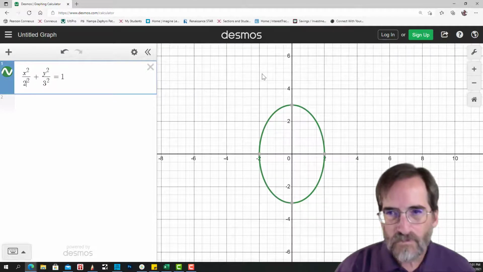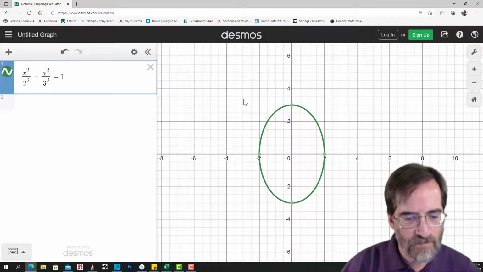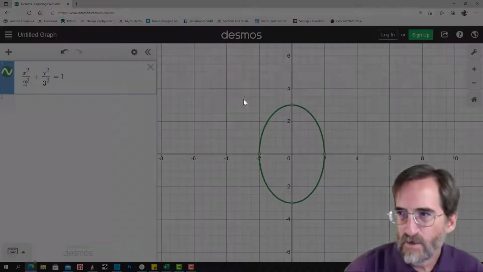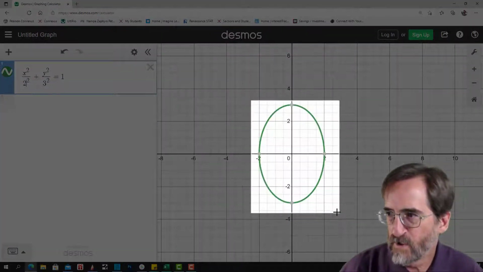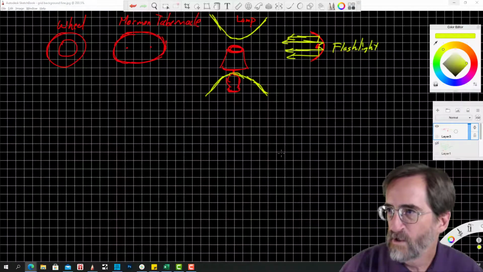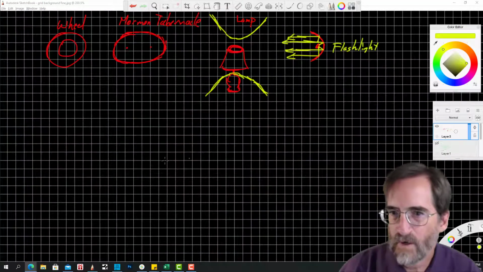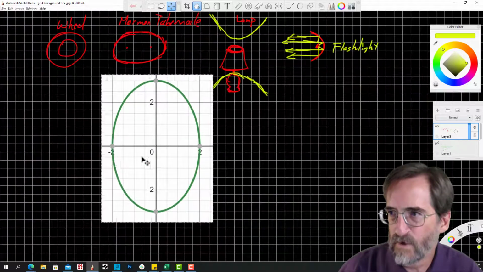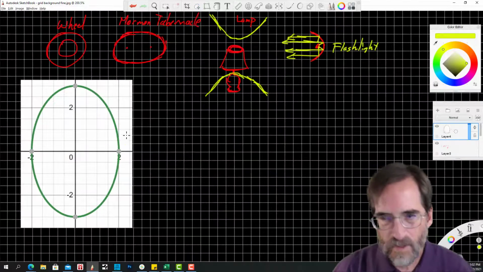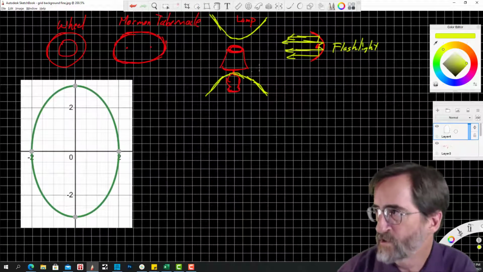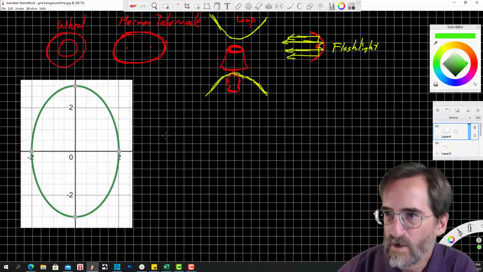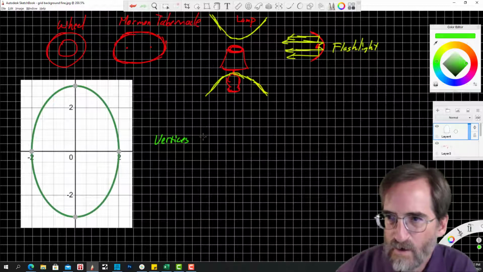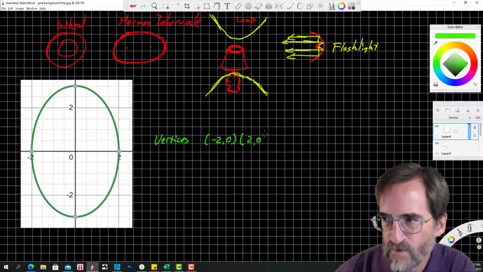Okay. All right, so let's identify some of the major components here. So I'm going to grab a screen capture here and paste. Okay, there we go. So some of the major items here, we have vertices at -2, 0, and 2, 0.